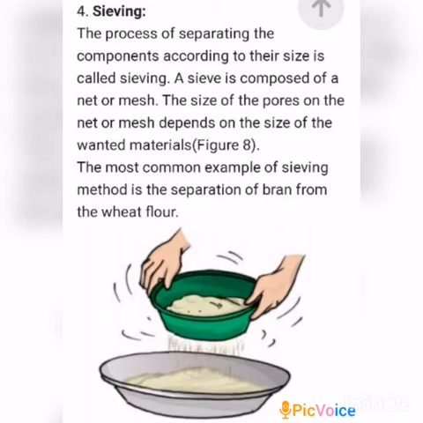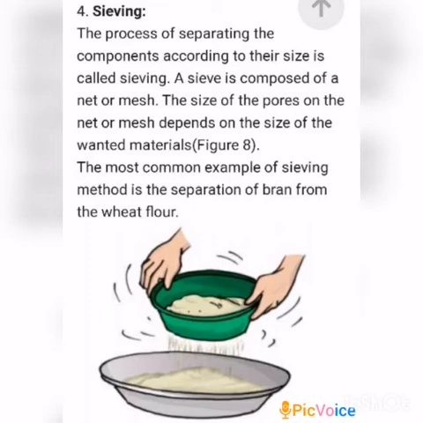Already I have told this, isn't it, ma? Yes. We may sieve grains or we may sieve the flour. The most common example of the sieving method is the separation of bran from the wheat flour.